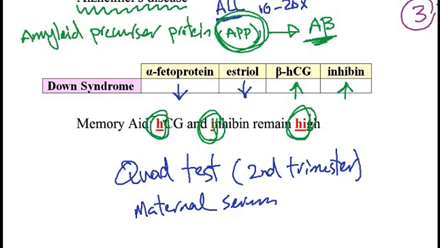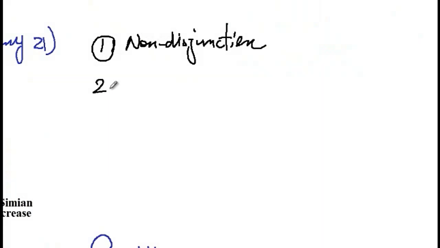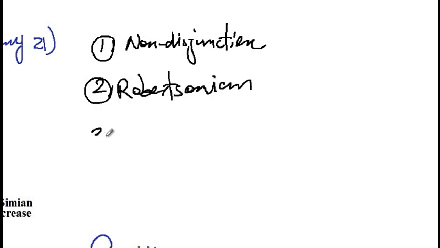Okay, now that I have discussed the clinical features of Down syndrome, I would like to discuss the mechanisms through which Down syndrome can develop. And these include non-disjunction of homologous chromosomes, Robertsonian translocation, as well as mosaicism.